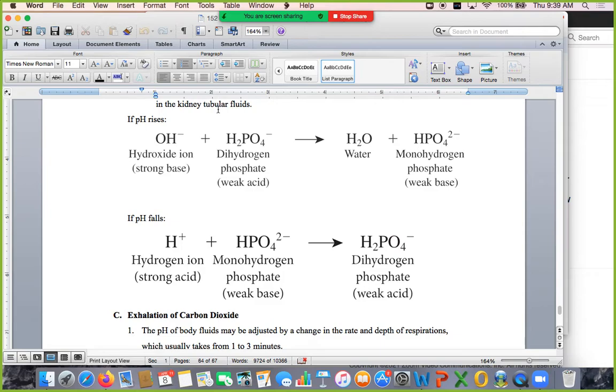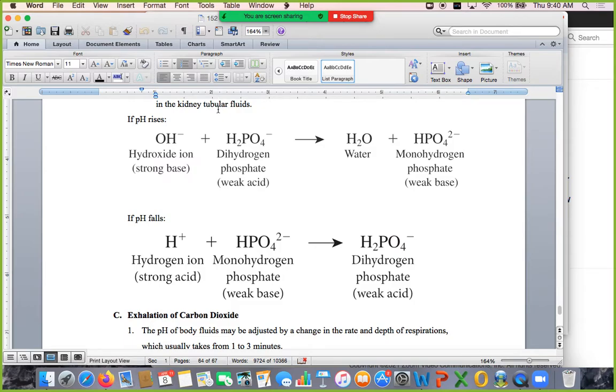The hydroxide ions, relative to the hydrogen ions, are basically what pH is. If we end up with more hydroxide ions in solution, then we end up more basic. So if the pH rises and gets too basic, we can take hydroxide ions out of solution and convert them using dihydrogen phosphate, which is a weak acid, into monohydrogen phosphate, which is a weak base, releasing water.